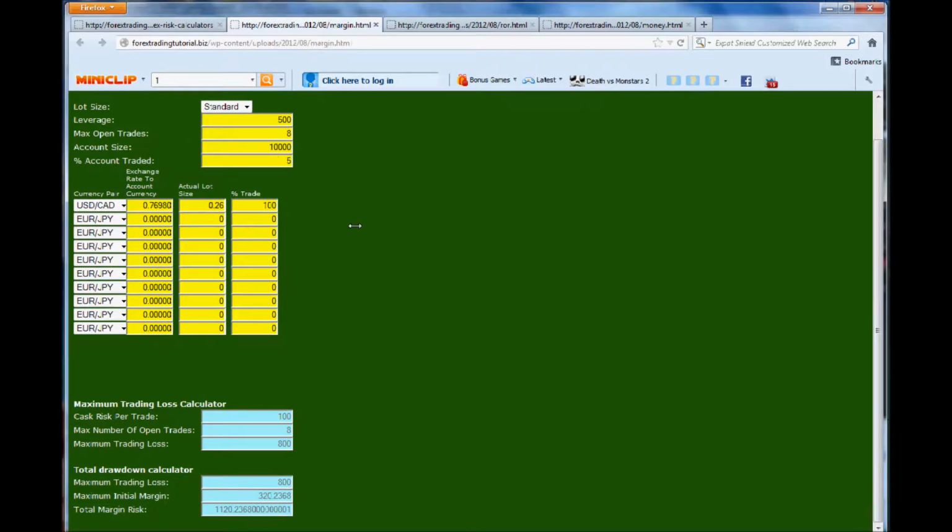If, for example, we put that up to 5, and then said we were going to open 30 trades at once, you can see our account size is 10,000, but our total margin risk is 16,000. That means that if all 30 trades were open at once and the market turned against us, it wouldn't have to go to our stop losses before we had blown our trading account.